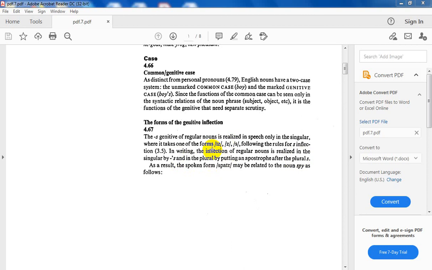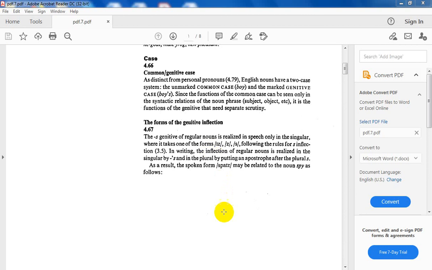I add door, apostrophe, then S. The pronunciation of this addition differs from noun to noun according to the final sound it has. But in writing, the inflection of regular nouns is realized in the singular by S genitive, apostrophe plus S, and in the plural by putting an apostrophe after the plural.